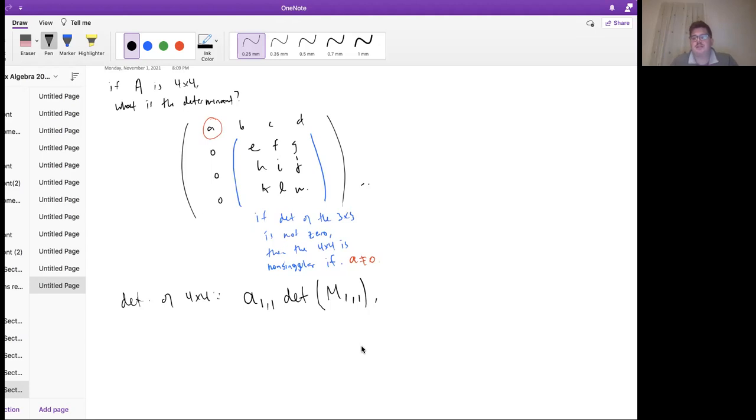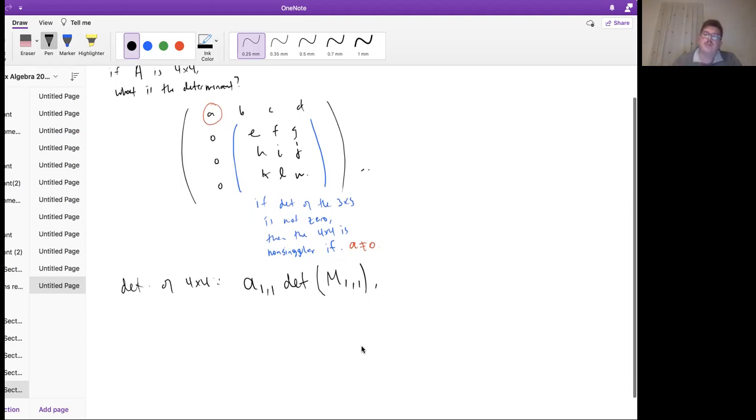Does that make sense? If both of those things are non-zero, then the original matrix is non-zero. Does that make sense as a way?